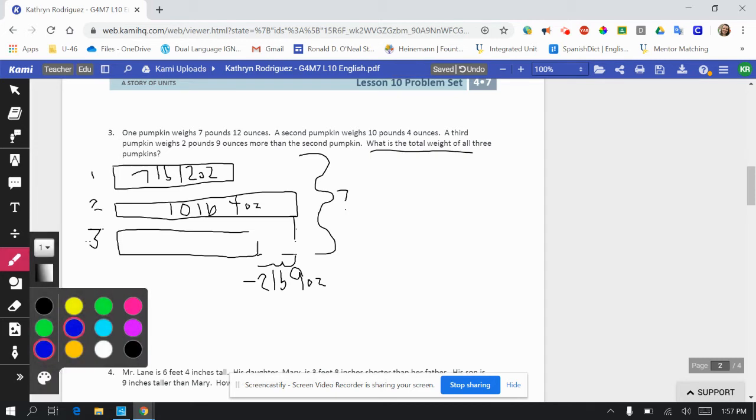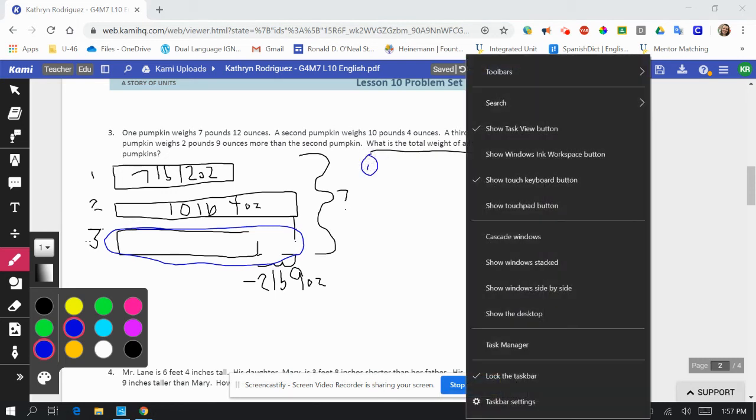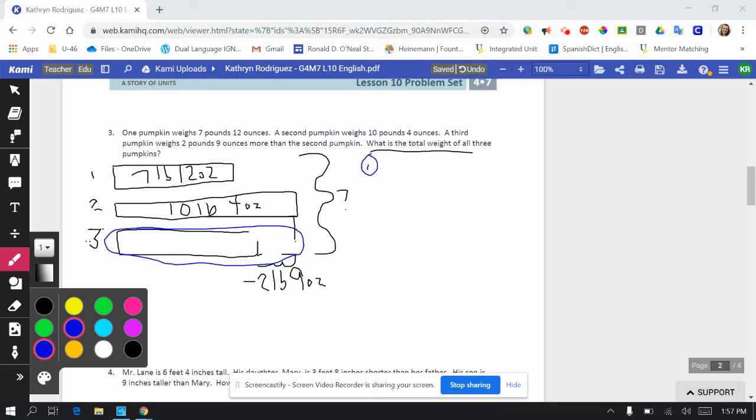All right, so step number 1, we need to figure out this third pumpkin. So step 1, what did I do? We've got 10 pounds, 4 ounces minus 2 pounds, 9 ounces. All right, so I'm going to borrow from here. It's going to make that 9 pounds.